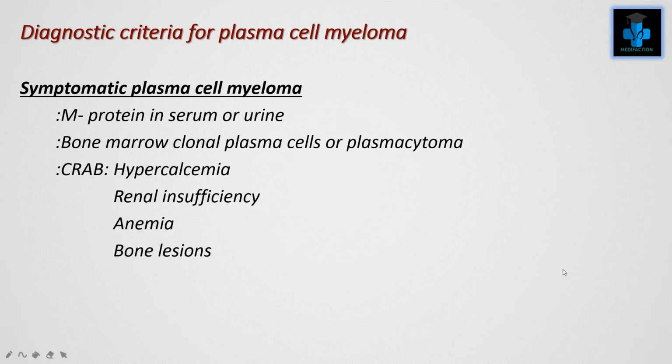Now let's see the diagnostic criteria for plasma cell myeloma. In the case of symptomatic plasma cell myeloma, the diagnostic criteria are M protein in serum or urine, bone marrow clonal plasma cells or plasmacytoma. Also, CRAB, which I have mentioned earlier, is nothing but a mnemonic to remember hypercalcemia for C, renal insufficiency for R, anemia for A, and bone lesions for B. CRAB.